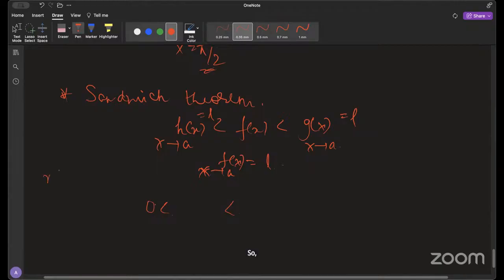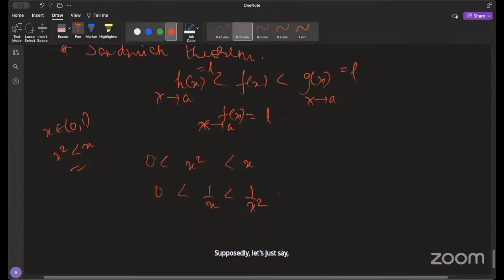For your x between 0 to 1, your x square is less than x, right? So you have 1 by x and 1 by x square. Now for this you'll need your x. You know that you're taking the domain to be R plus. So for your x to be in R plus, this is true, right?